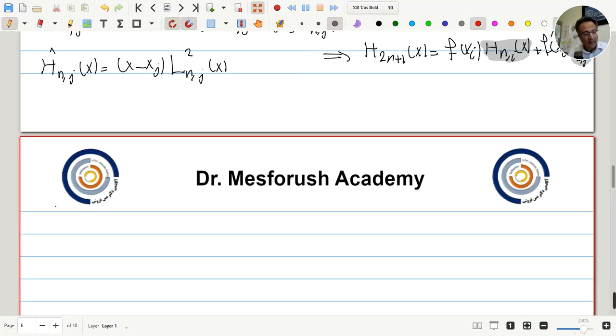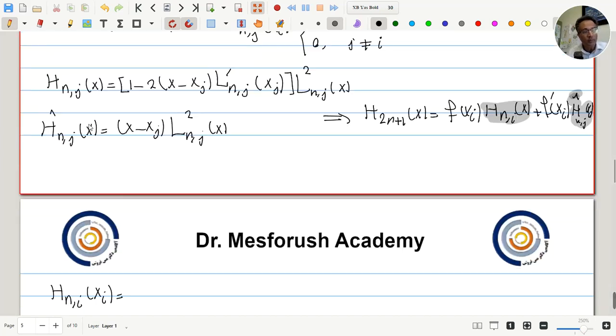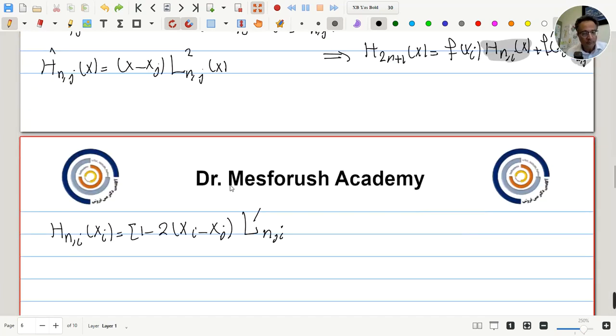Consider h_{n,i} at x_i. Here put j equal to i, so I get 1 minus 2 times (x_i minus x_i) times L'_{n,i}(x_i)... in fact here it should be i also, yes, i. Let me fix it.